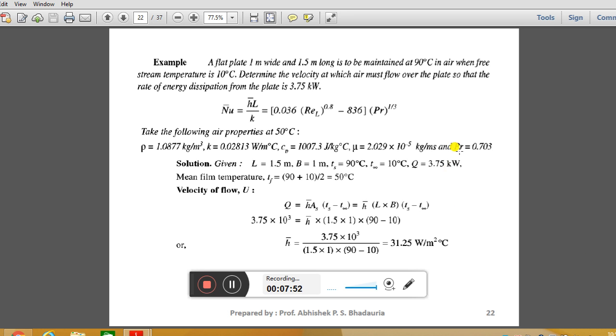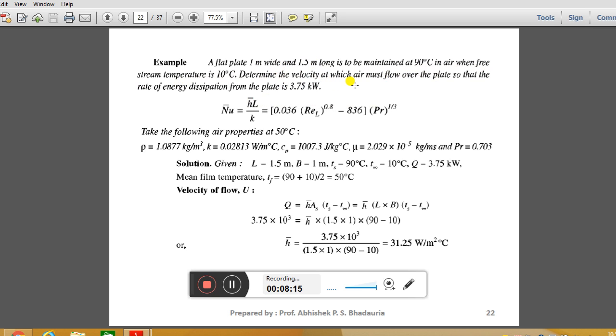Okay, now let's discuss another problem. Read the statement of the problem. A flat plate 1 meter wide and 1.5 meter long is to be maintained at 90 degrees centigrade in air when the free stream temperature is 10 degrees centigrade.